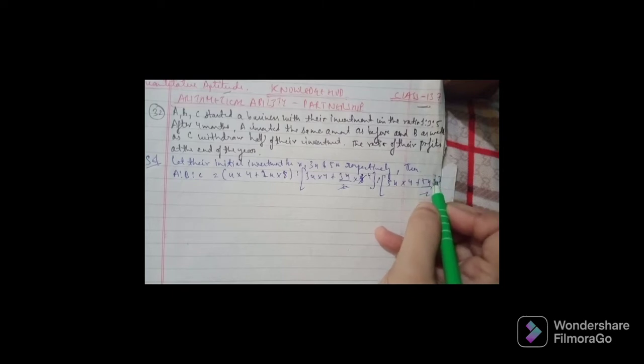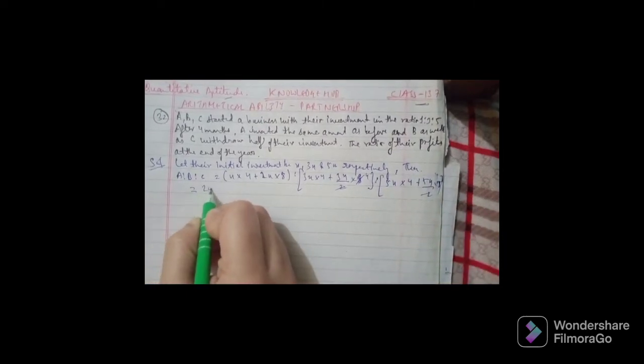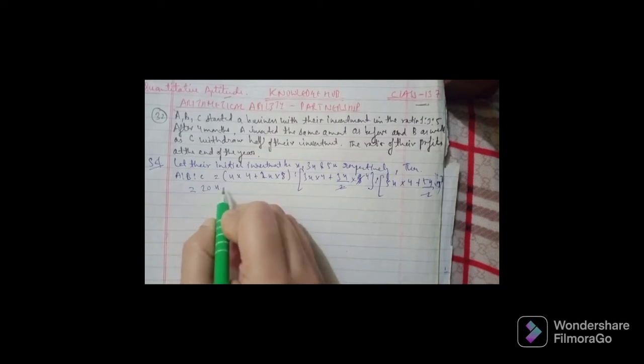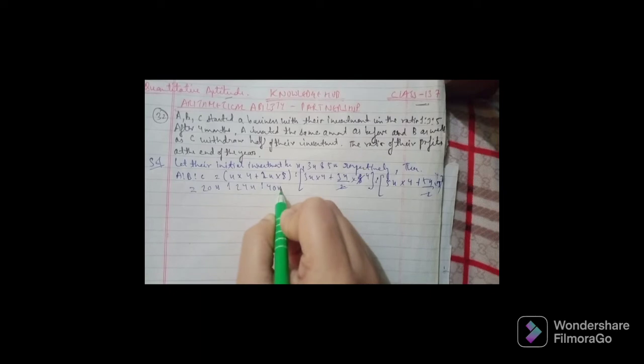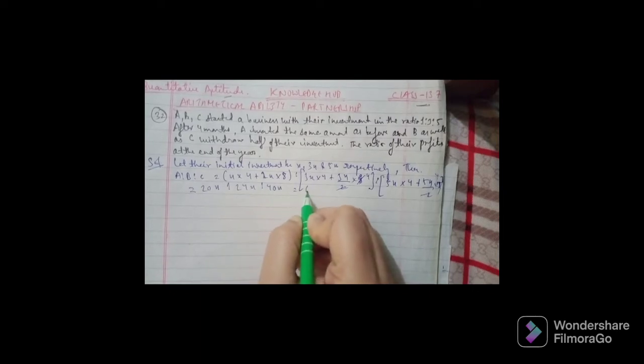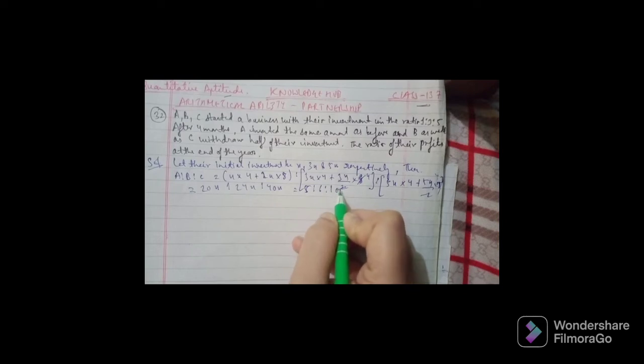This gives 20X ratio 24X ratio 40X. It will give you the ratio 5:6:10.